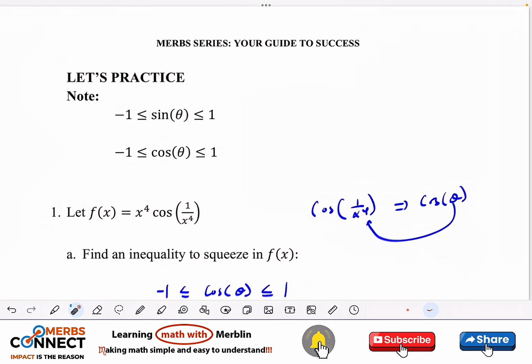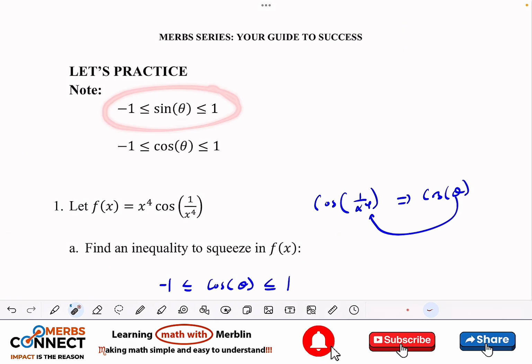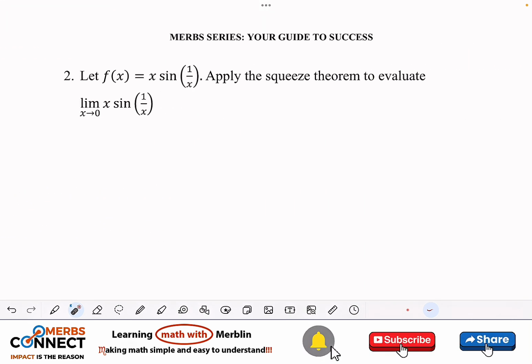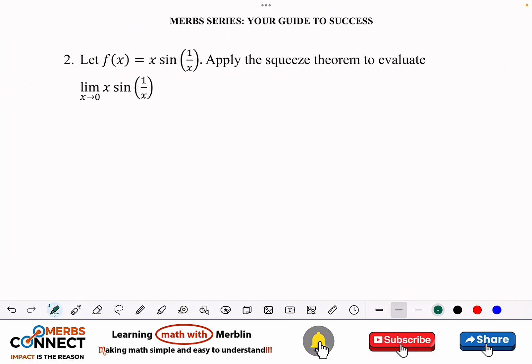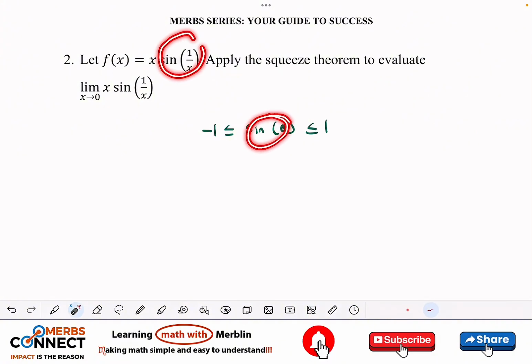Now we know that sine is also between -1 and 1. So let's start with the same assumption. We know that -1 ≤ sin θ ≤ 1. Compare this to this. We see that θ is equal to 1/x.